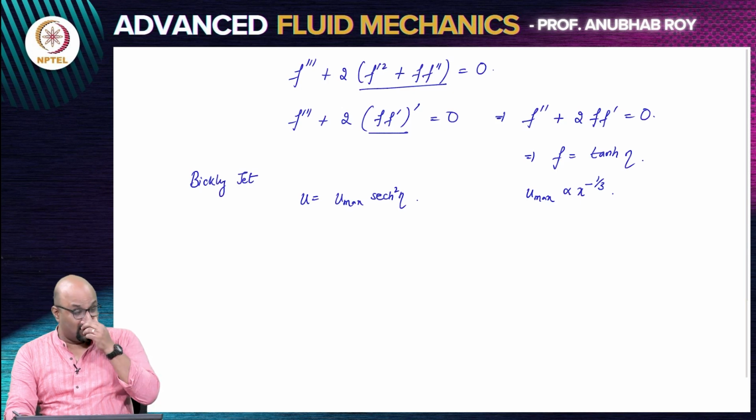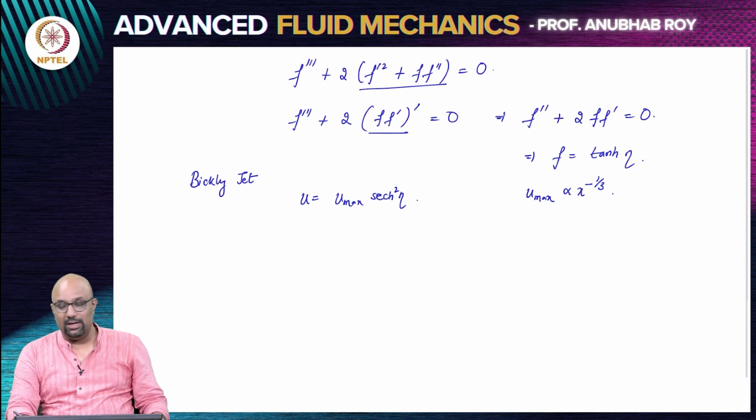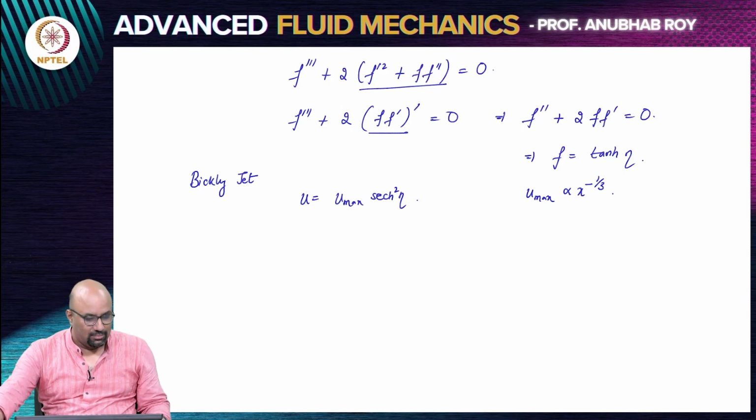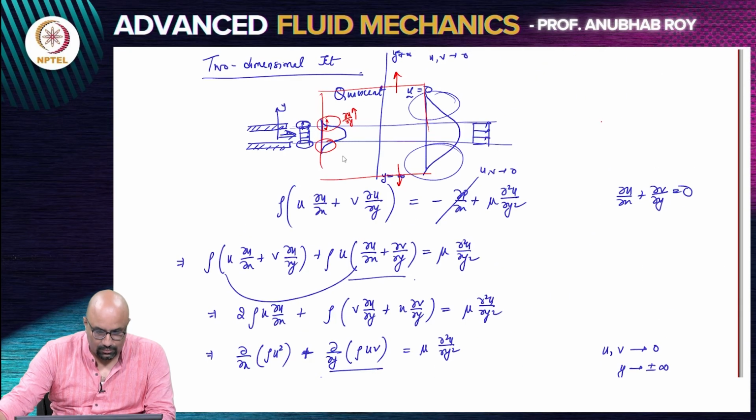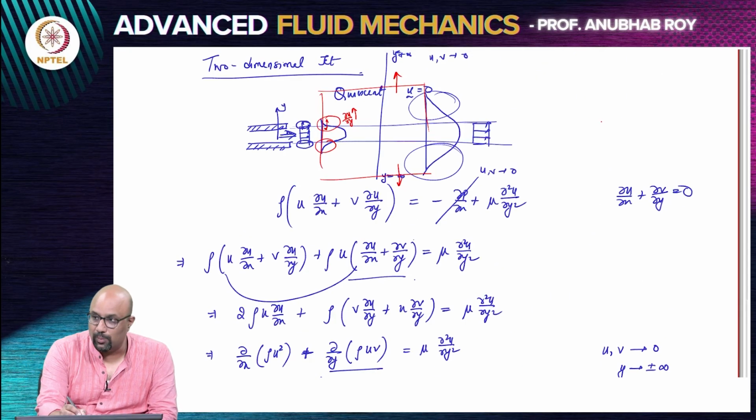Now, the momentum flux is conserved. What about the entrainment or the mass flux? If you do the same control volume exercise, going back to this picture, and you find the amount of fluid that is coming in and the fluid that is going out, will they be in exact balance?